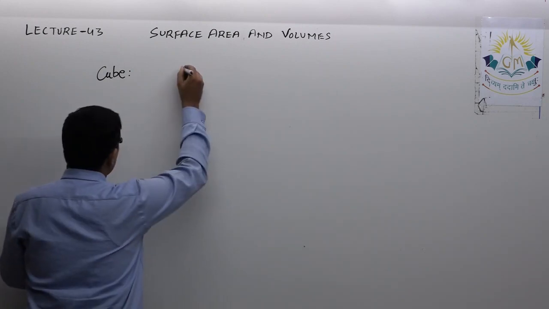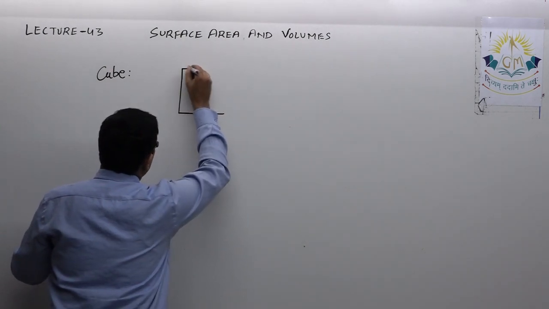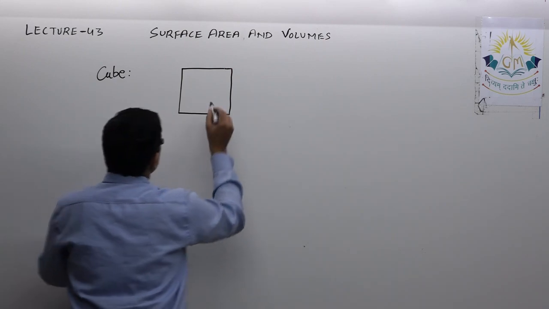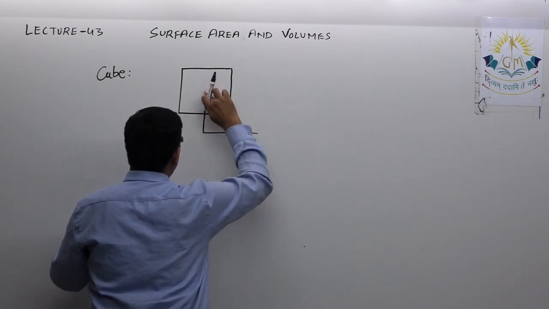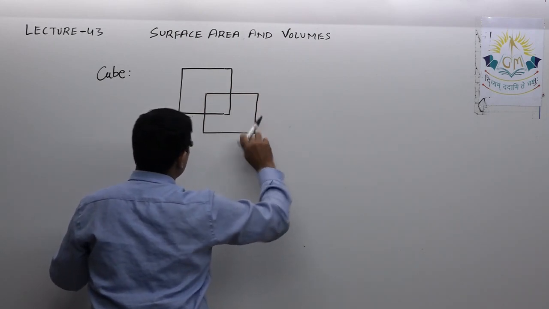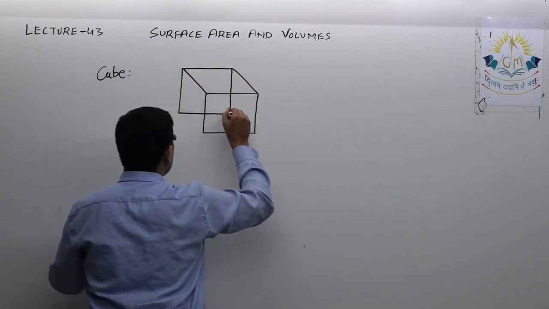So let me first draw the simplest diagram of a cube. All its dimensions will be equal, that means its length, breadth and height, all three will be equal, and I'm assuming all three are equal to A. Okay, this is a cube.